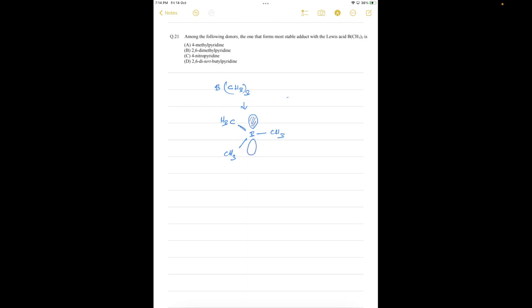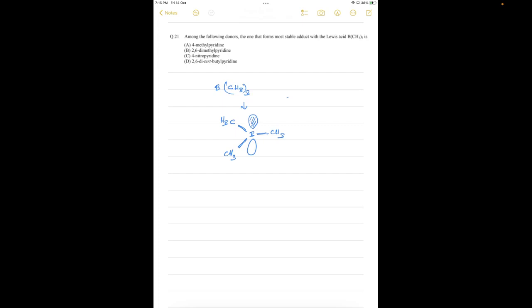It has a triangular structure, and the angle between these two B-C bonds is 120 degrees. The ideal bond angle is 120 degrees, but in this case it can be a little bit different because of the steric effect.